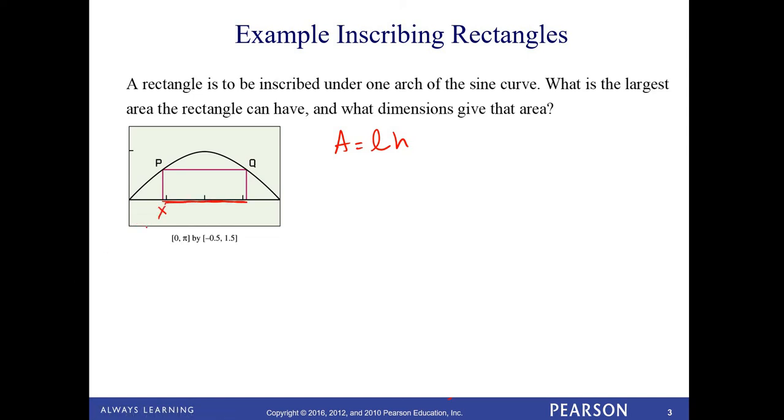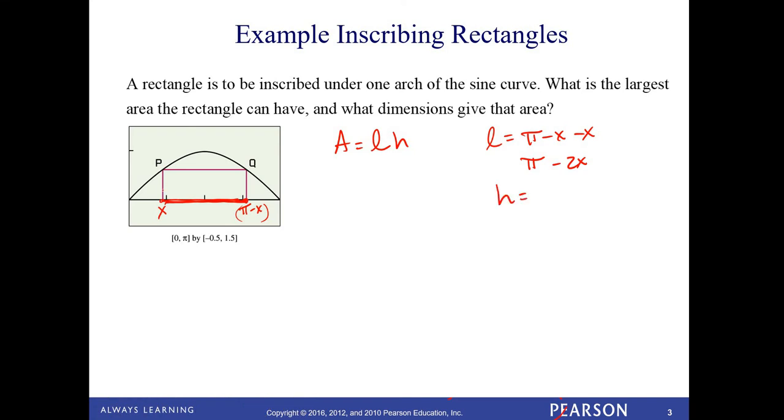So for any x, since this is symmetrical, this will be pi minus x. So my distance for the length of any rectangle is going to be pi minus x, taking my x value minus the other x value, or pi minus 2x.